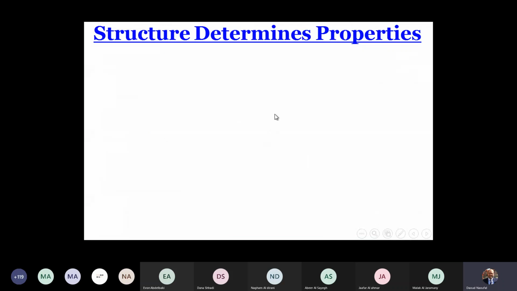Structure determines the property. The aim of this part is to know the geometry of a molecule.